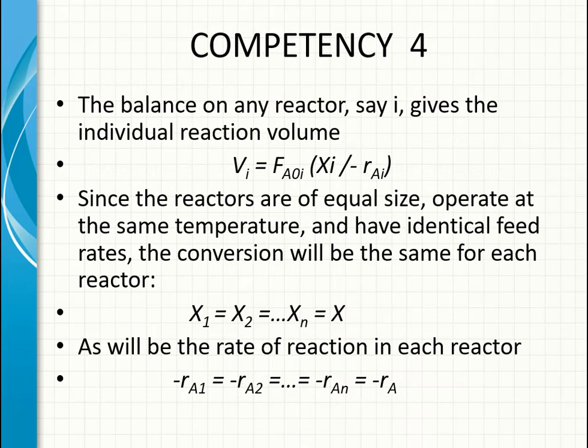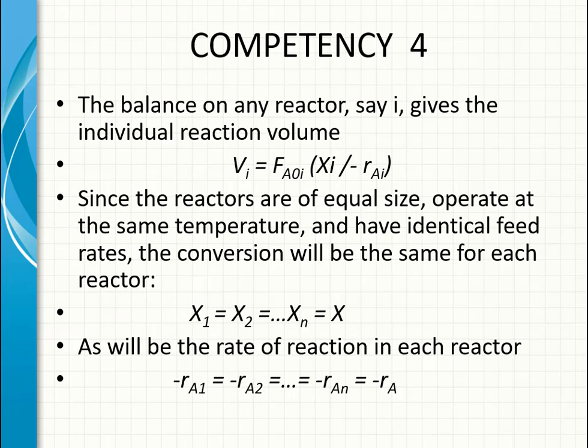And so, the balance on any reactor, let's say i, gives the individual reactor volume Vi equal FA0 times Xi divided by minus rAi.